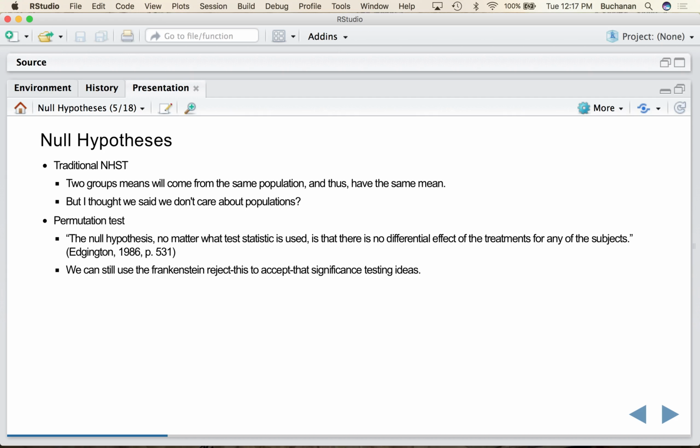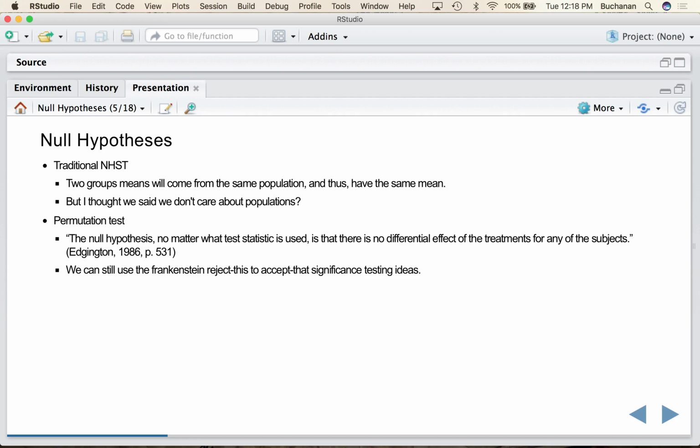And that can seem like, well, that sounds the same, but it's a subtle shift away from these two means that I've estimated, so I've kind of averaged out the subject, come from the same population, so they're equal means, versus no differential effect for me depending on which condition I'm in.